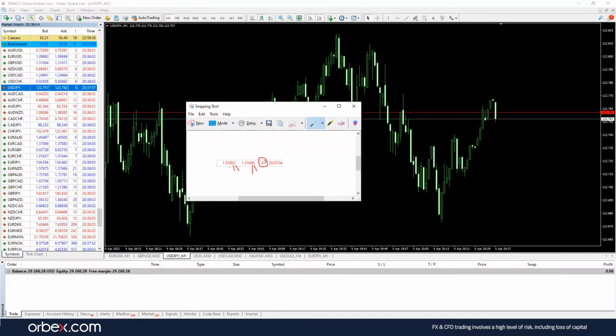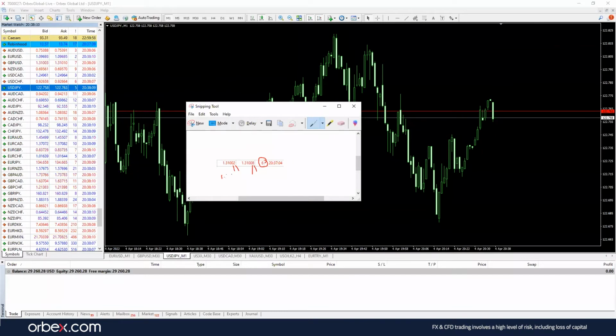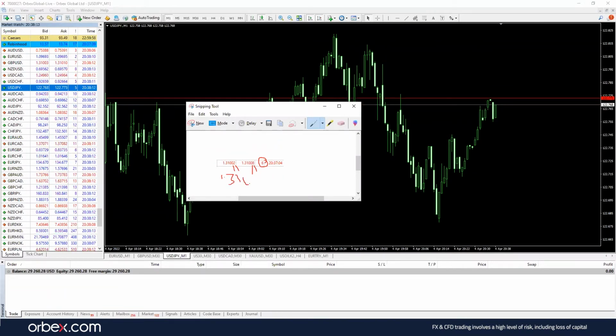If it was 1.3108, so let me just put my really bad handwriting, against 1.3118, then the difference between that and this price is 10.